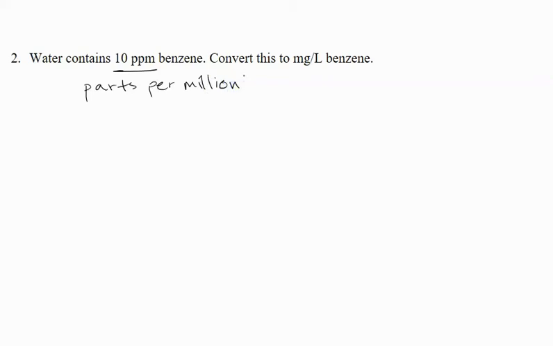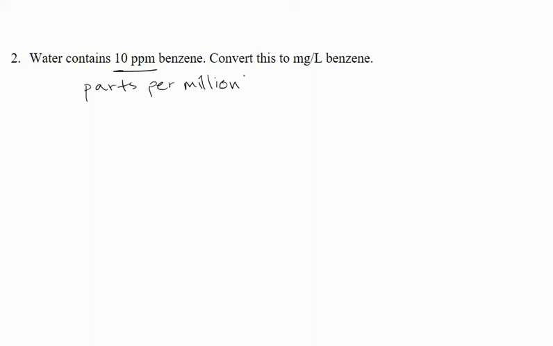Sometimes you'll see a subscript on that. If you see ppm with a subscript of m, that will be parts per million by mass. You could also see ppmv, very common in air calculations, so that's parts per million by volume.